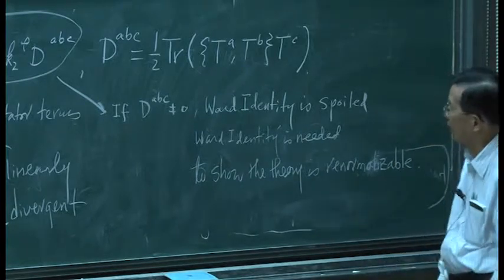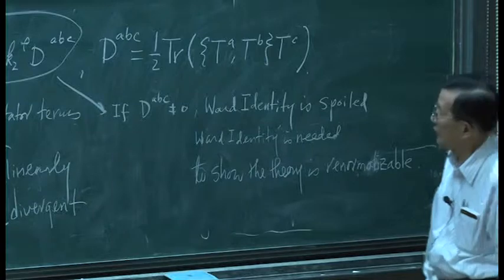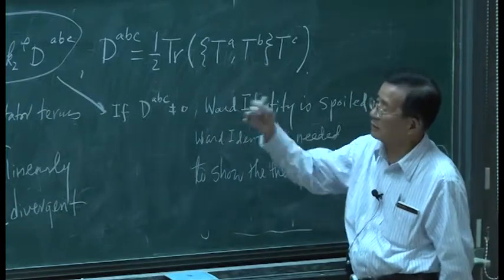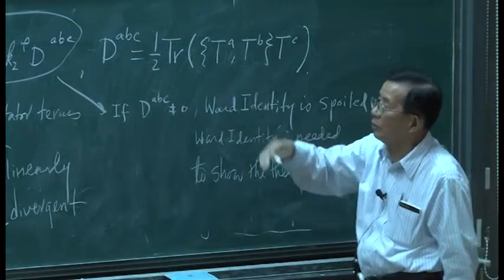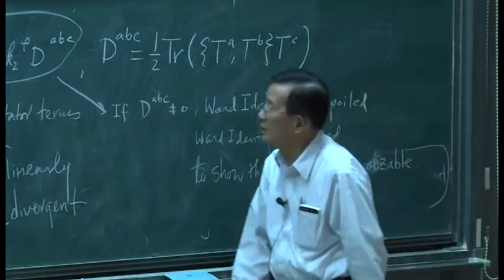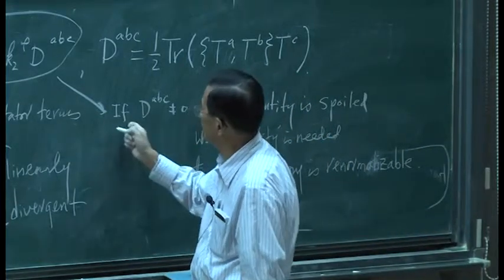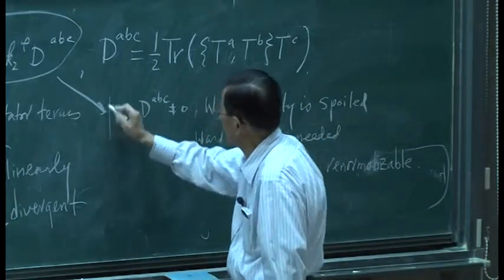So what we have to do is make sure that when you construct a gauge theory for electroweak interactions, this must vanish. Okay, so that's the requirement.